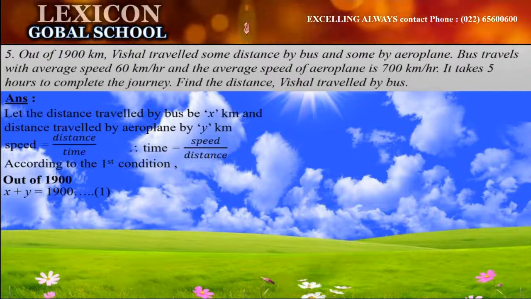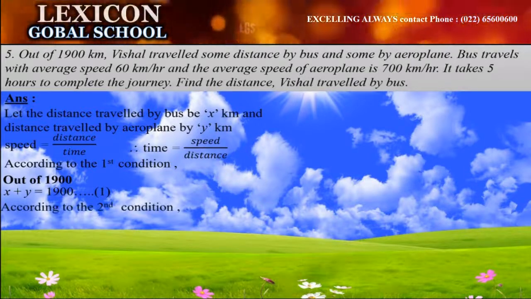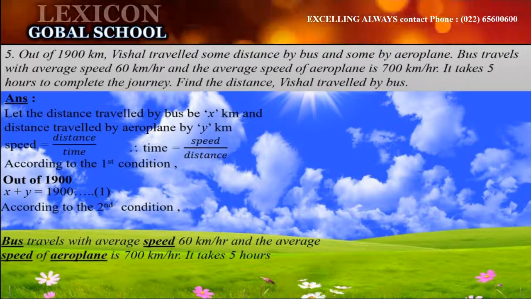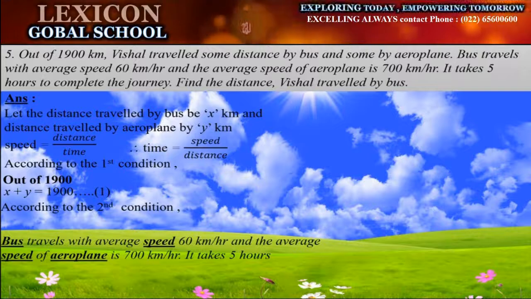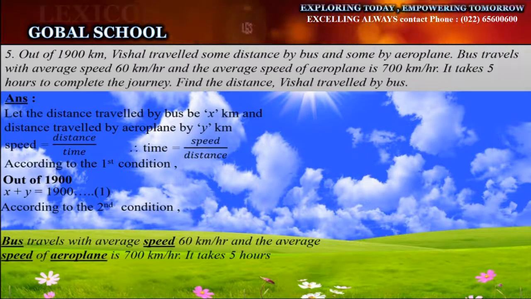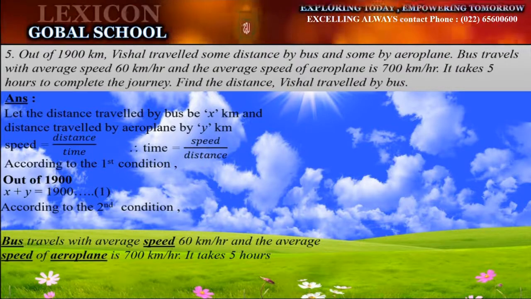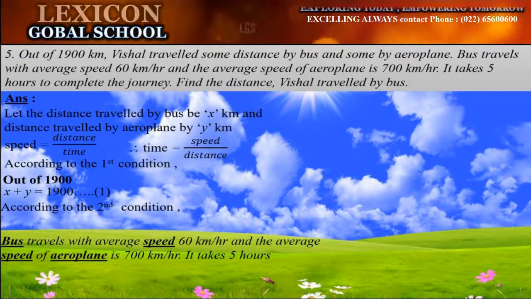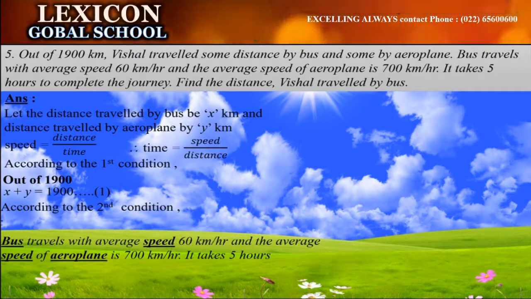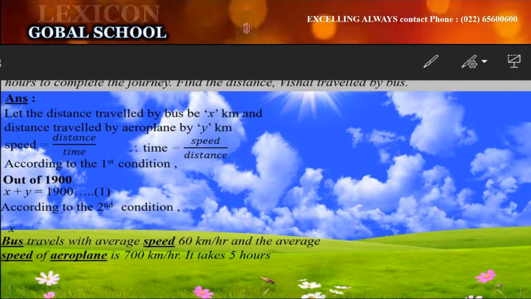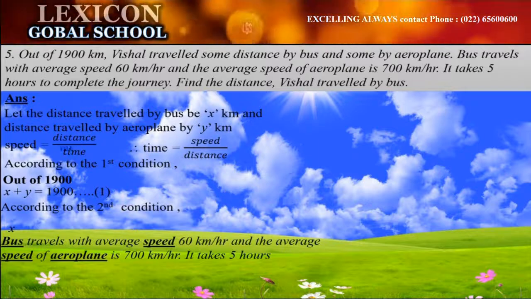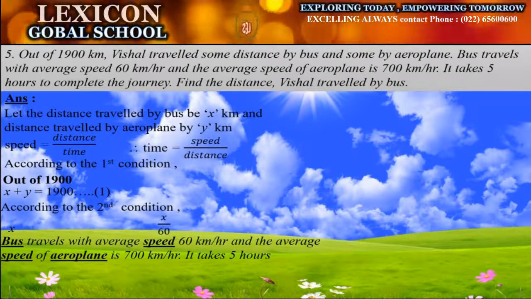According to the second condition, your statement says bus travels with an average speed of 60 km per hour and the average speed of aeroplane is 700 km per hour. And in all, he overall takes 5 hours. So, bus means x, so x upon 60. Why? Because we are calculating time.